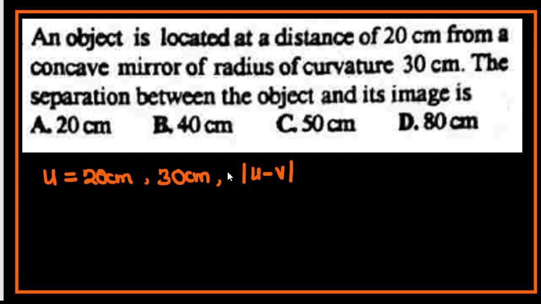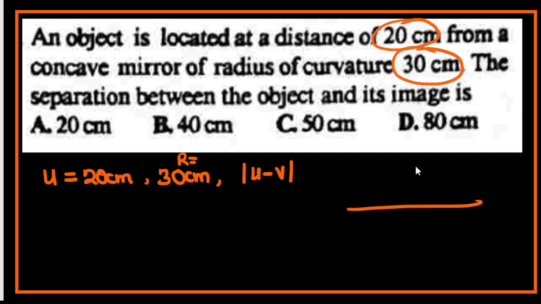Okay. For somebody who is used to ray diagrams, I can easily tell the position of the image based on this information supplied to me. Now watch. In this question they gave you radius of curvature as 30, that's r, which means the focal length of the mirror is 15 centimeter, and they give you an object distance of 20.